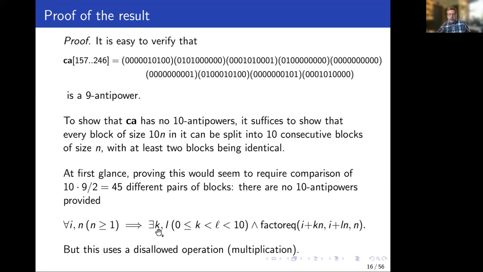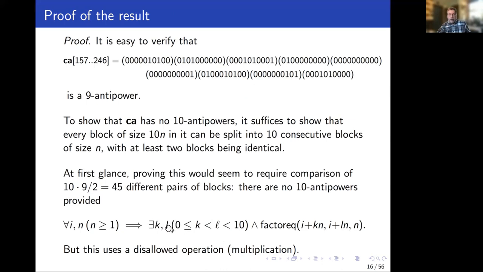there exist some blocks k and l between 0 and 9, such that, if I compare, this is a macro to compare 2 consecutive blocks starting at different positions, the block of length n starting at position i plus kn is the same as the block starting at position i plus ln of size n.